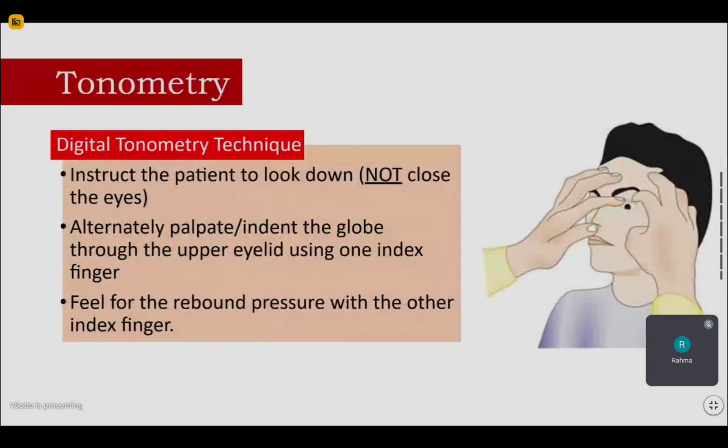In estimating your IOP with the digital tonometry technique, you instruct the patient to look down but not close the eyes. Then alternately palpate or indent the globe through the upper eyelid using one index finger, and feel for the rebound pressure with the other index finger.